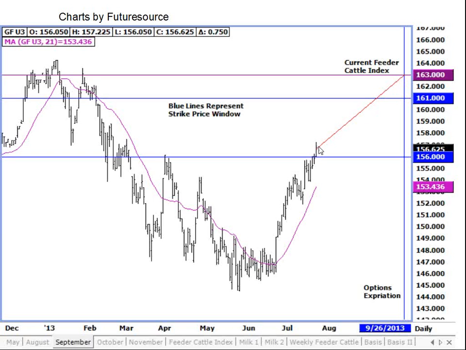You may incur in the interim unrealized losses greater than what the realized losses may be at expiration. However, at expiration, the loss will be whatever the difference is between the strike price, which is 161, and the underlying futures contract, regardless of how high or how wide that spread may have garnered in the interim.